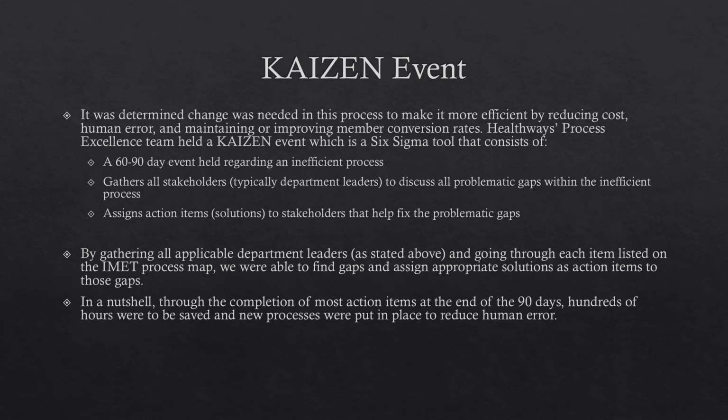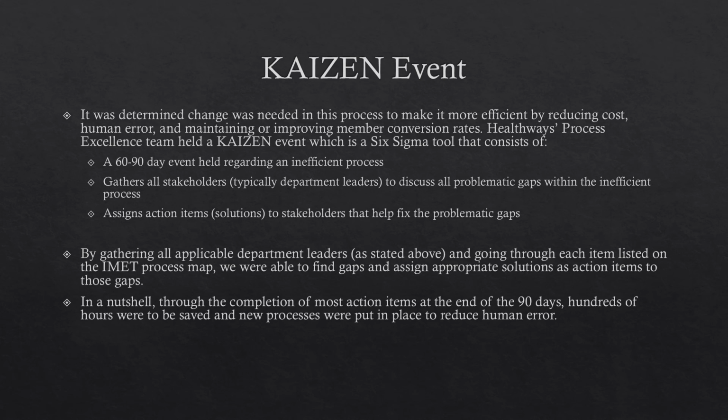So typically, it's an initial 1 to 2 day meeting, and then you follow up with the department leaders 60 to 90 days after the initial meeting to follow up on the gaps and the action items that you've assigned to those leaders. So again, by gathering all the leaders and going through each item listed on the process map, we were able to find gaps and assign action items.